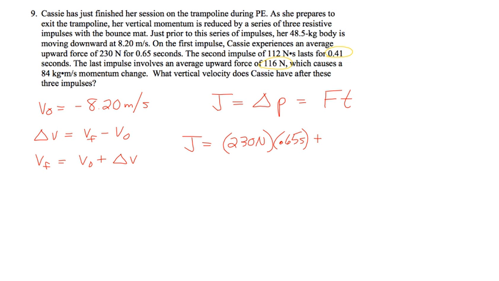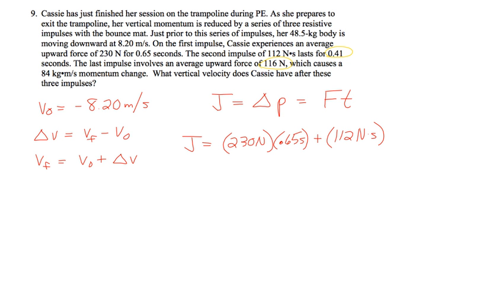Well, if I was solving for the force during the second impulse, I would need the 0.41 seconds. But I don't need it if I'm just adding up all my impulses. So that number is my second impulse. So I'm going to add in 112 newton seconds. And notice again, it's newton seconds. It's not newton divided by seconds. It's newtons multiplied by seconds.